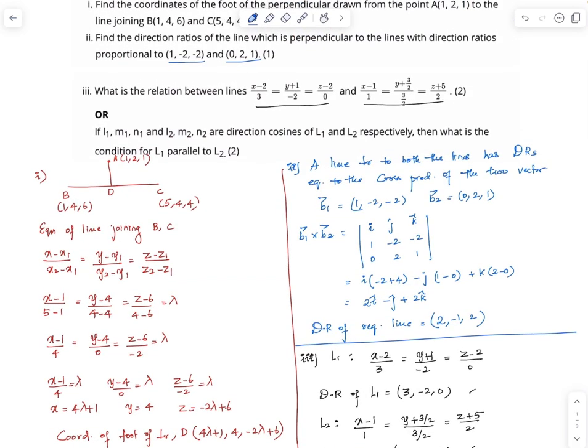The other part of the third question: if l1, m1, n1 and l2, m2, n2 are direction cosines of L1 and L2 respectively, then what is the condition for L1 parallel to L2?